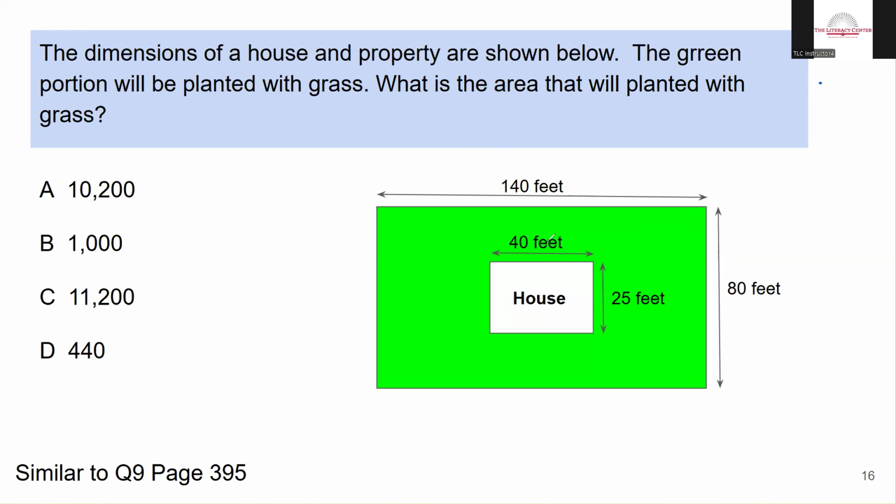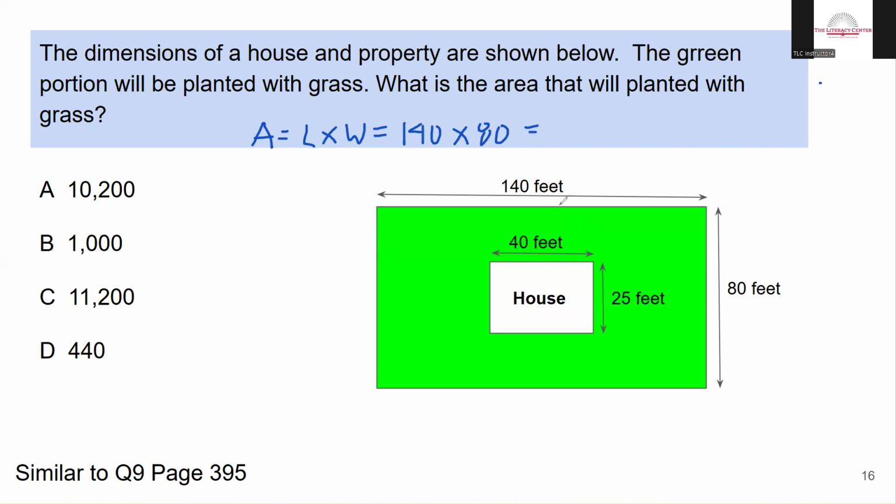So if we treat this outside bigger rectangle as our first area, we would say that the area equals the length times the width, which is 140 times 80. So let's calculate what that is. We're talking about the outer rectangle.